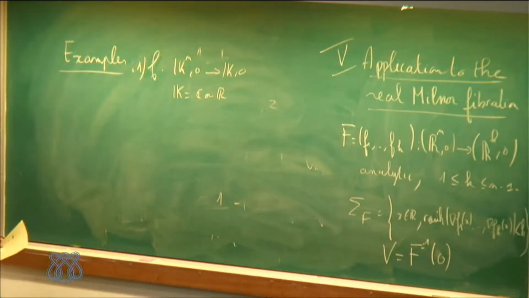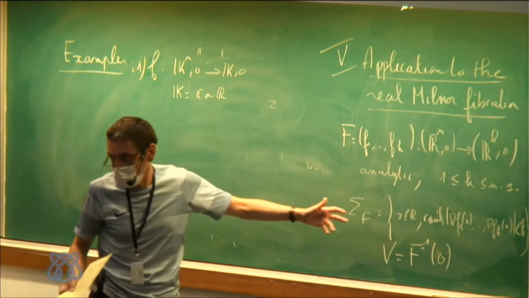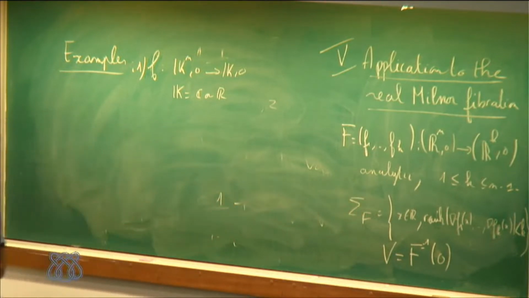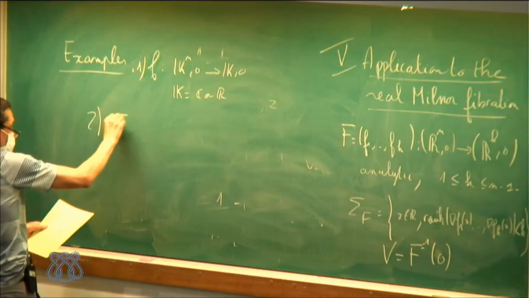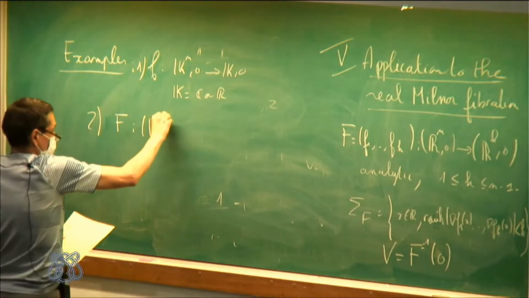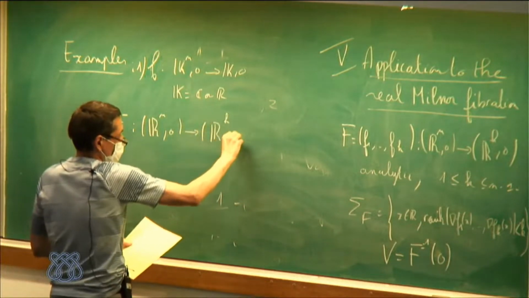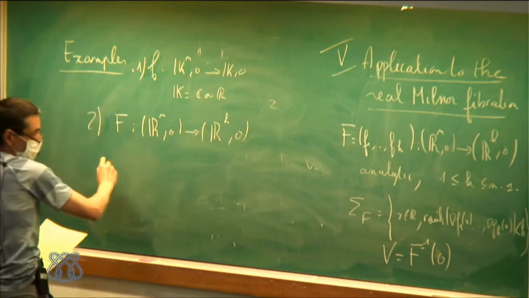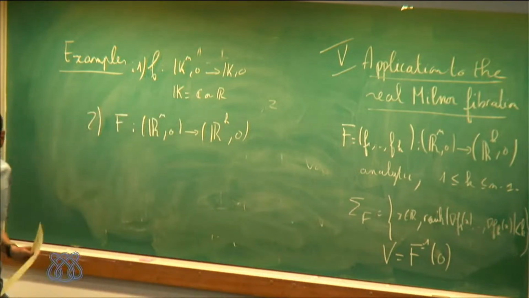Now, second example, when you have an isolated singularity, then the two conditions are clearly satisfied. When F goes from R^n to R^k, but with an isolated singularity, this means that this set sigma F is just the origin.